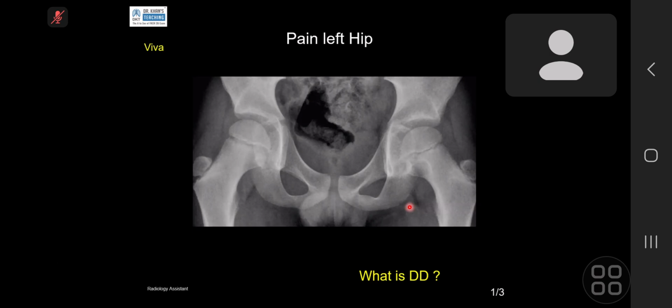So, differentials for a lesion with a narrow zone of transition and a sclerotic margin. To me, this looks like a non-aggressive lesion. I would inform the clinicians and gather if there's any systemic upset or fever, but with a sclerotic rim and narrow zone of transition, I would suspect this may be a non-ossifying fibroma.